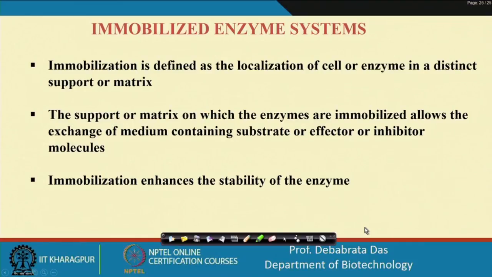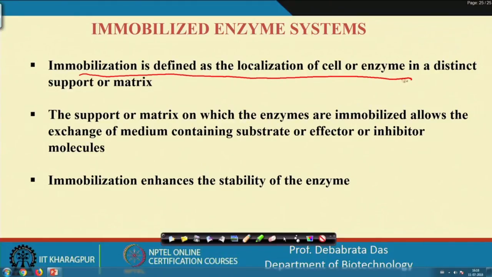Now what is called an immobilized enzyme? If you look here, an immobilized enzyme is defined as the localization of enzyme cells or enzyme in a distinct support or solid matrix.